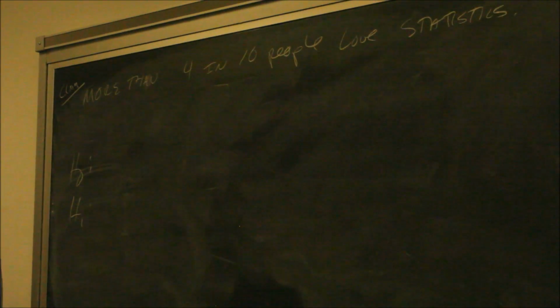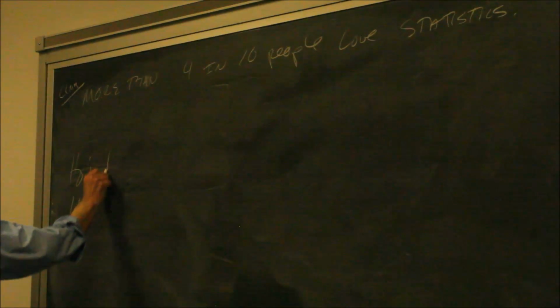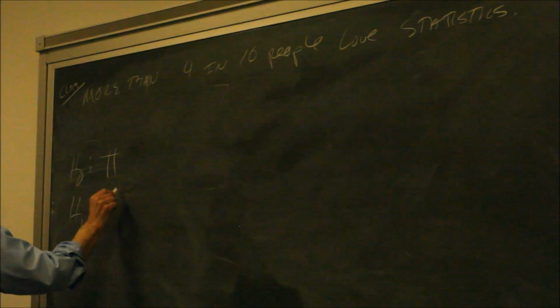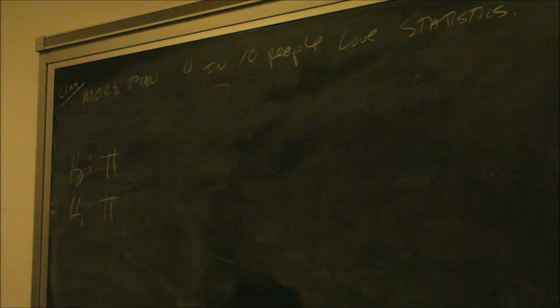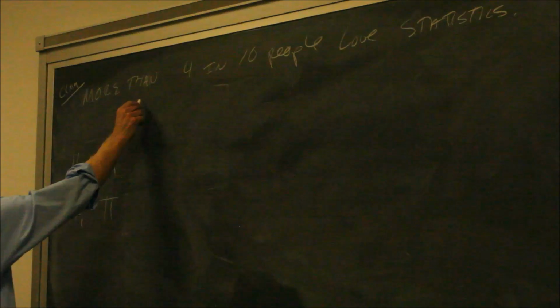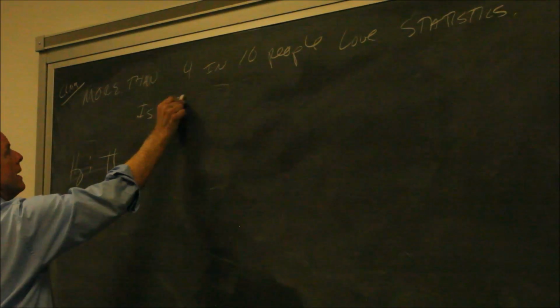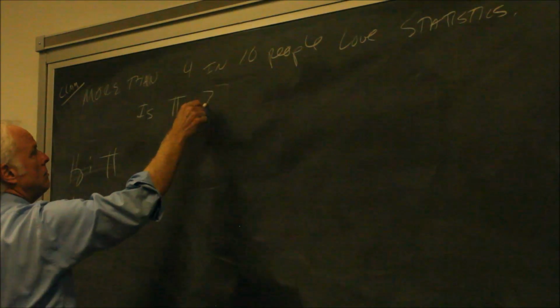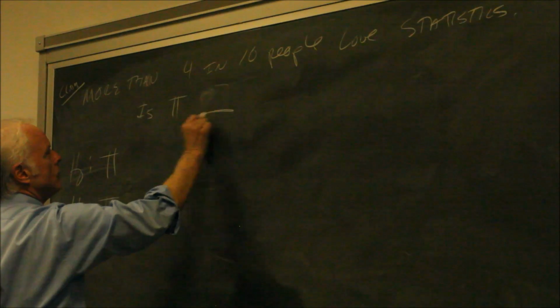Are we talking about mu or are we talking about pi? We're talking here about pi. So we're saying what about pi? Pi is greater than or equal to what? What are we putting in here?